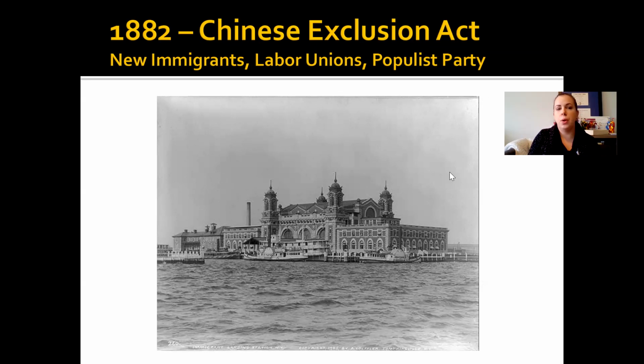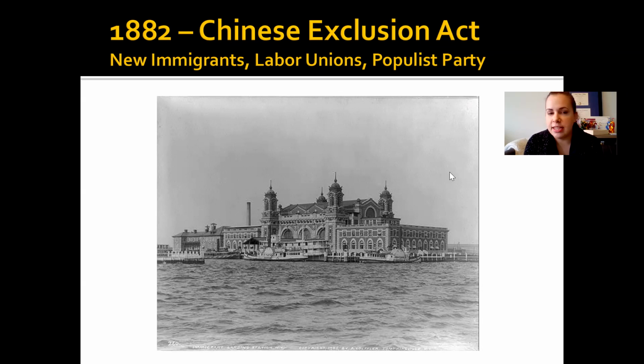This leads us later into the 1880s, where we see a new changing face of the United States. In the early part of the 19th century, most immigrants, what we call old immigrants, were coming from places like England, Germany, France, Ireland. These are Western Europeans that are coming into the United States.